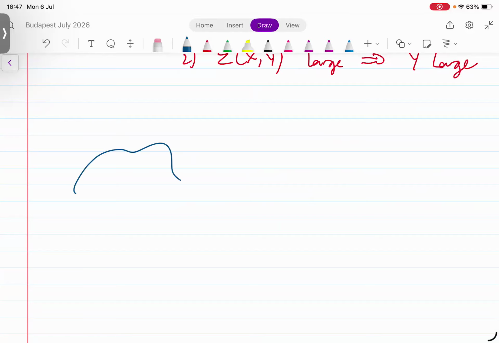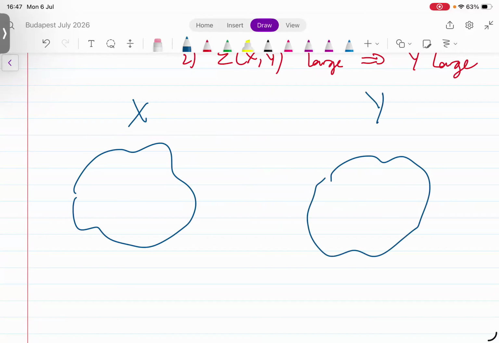Here is X, and here is Y. These are Cantor sets in the line, but I'm going to draw them as Venn diagrams because it's clearer. Suppose you have an affine map tau that takes X into Y. Here's X, and here you have tau of X inside of Y. There are two things you can do.